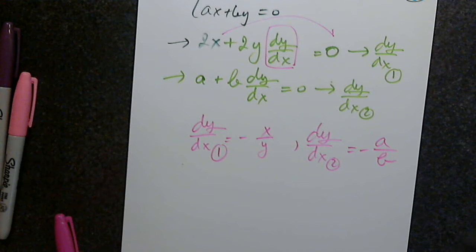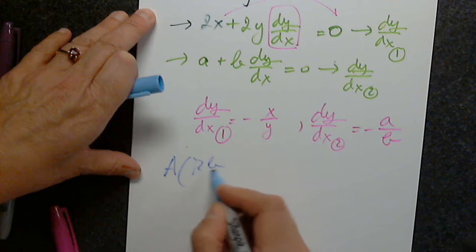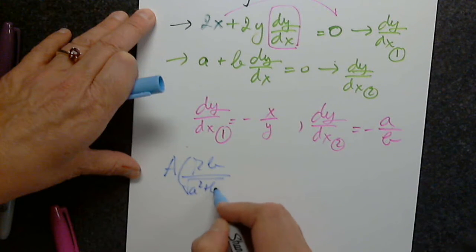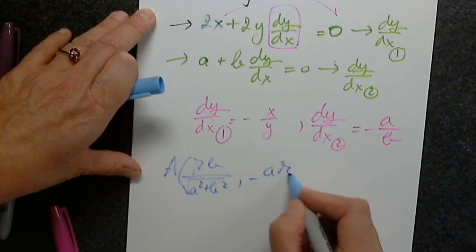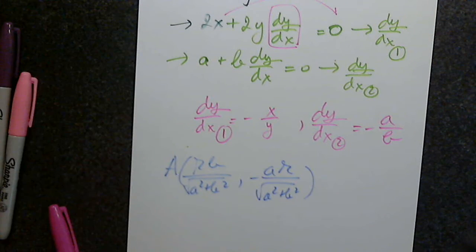And now the question is, what do I do? I have 2 points. I have point A, RB over the square root of a squared plus b squared, comma, negative AR over the square root of a squared plus b squared. I'm going to forget about point B. I just want to analyze point A first.